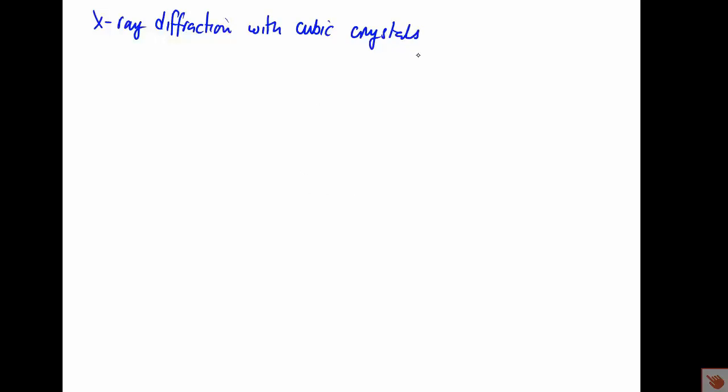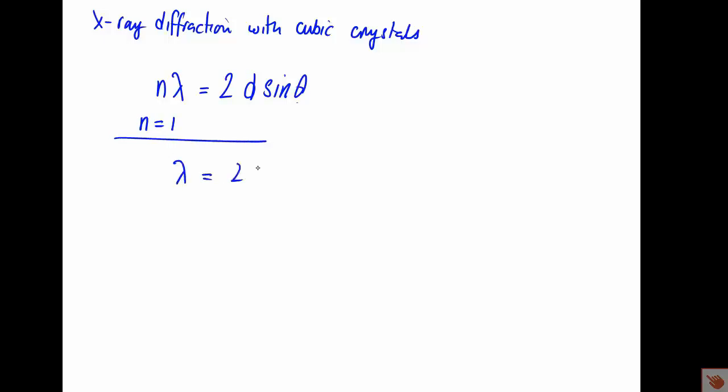We know that n lambda is equal to 2d sine theta. We're going to do our experiment and find the angles theta at which we get strong reflections. What can we do with this information? Well, we know that n equals 1, and so the equation goes to lambda equals 2d sine theta.